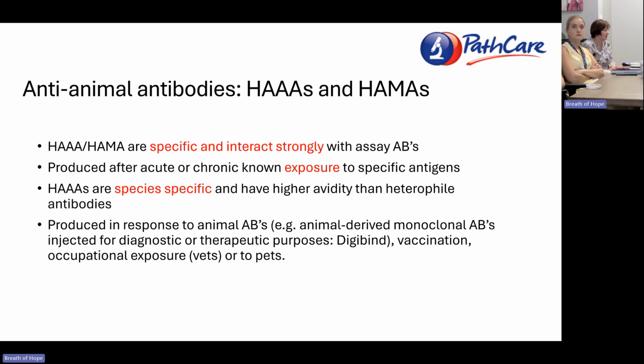These antibodies are species specific and they have a higher avidity than the heterophile antibodies that we discussed previously. They are produced in response to animal antibodies, for example, animal-derived monoclonal antibodies injected for diagnostic or therapeutic purposes. We're thinking of Digibind, for example, also with vaccination or occupational exposure like vets, or exposure to pets.